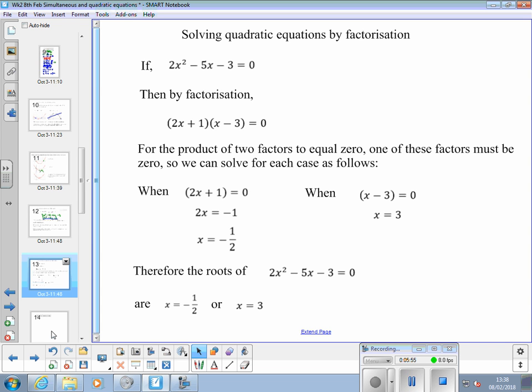Because if we can factorize, then what we're saying is we can write that equation as those two factors also equal to 0. Now, this is a product of two factors.